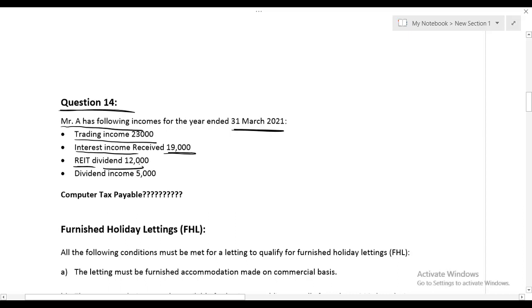As I mentioned many times earlier, whatever dividend you are getting from a real estate investment trust must be treated as property income. And number two, whatever you have got from the trust is 80%. While solving the question, you need to gross it up. How do we gross up? Multiply the real estate investment trust amount by 100 and divide by 80.